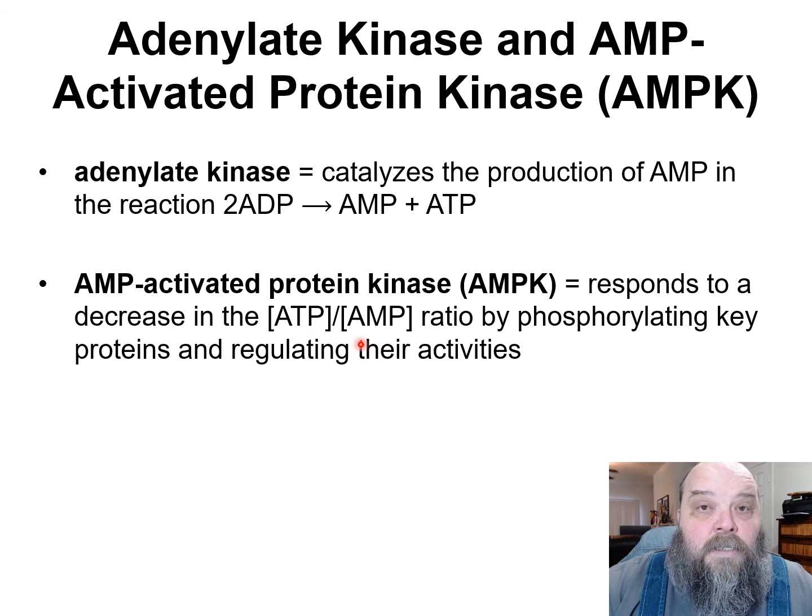When this number gets lower, I mean, it's never going to get too low, but when it gets below a certain threshold, that means the AMP levels are going up, ATP levels are going down. These guys get activated, and different metabolic activities will kick in so that the ATP levels can be taken back up.